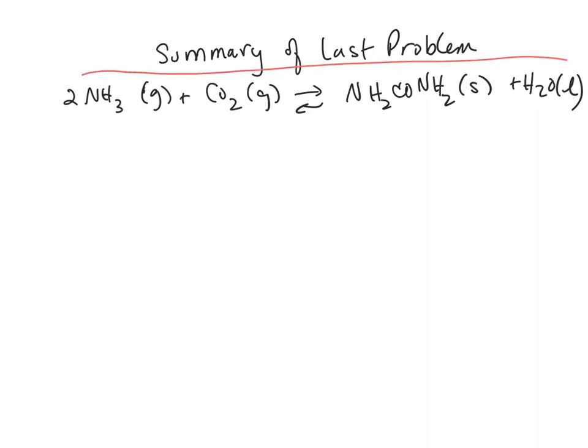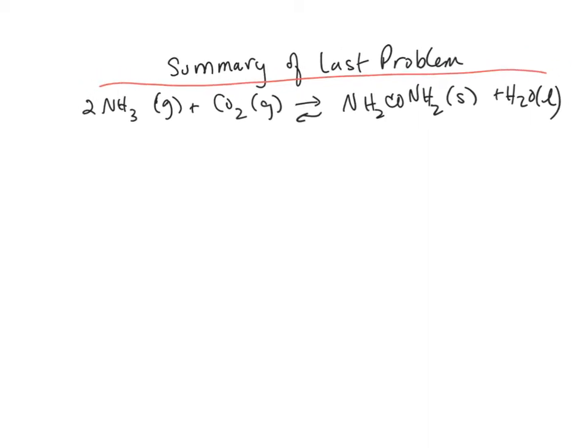And the delta G values that you can get from the tables were given in the last problem: -17, -395, -199, and -237.